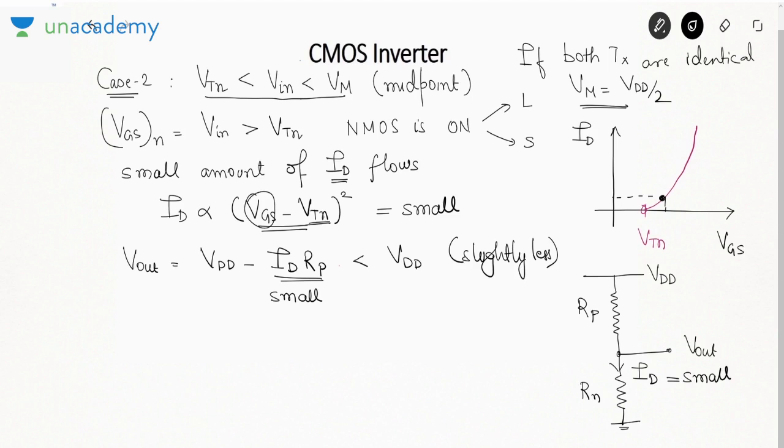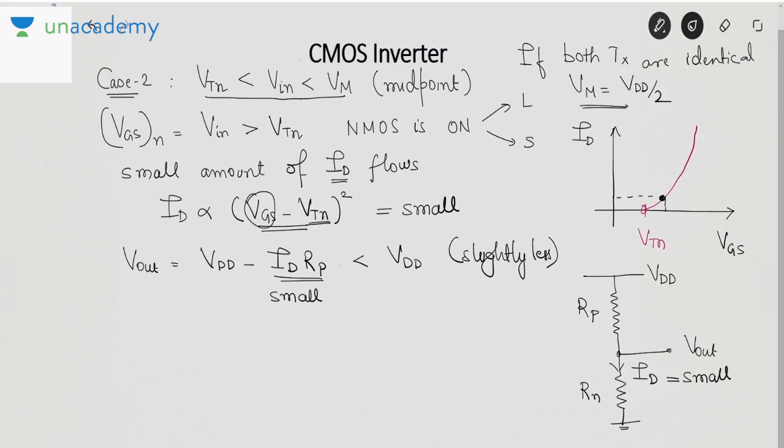So I know that Vout, the output voltage, will be slightly less than VDD, but still I don't know about the region of operation of PMOS and NMOS. I only know one thing: that both the transistors are on, Vout is slightly less than VDD, but we don't know the exact region of operation, linear or saturation.